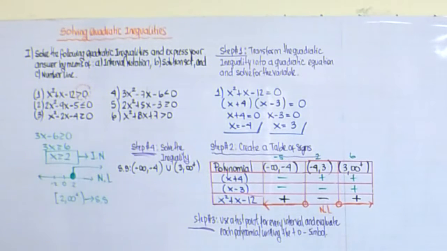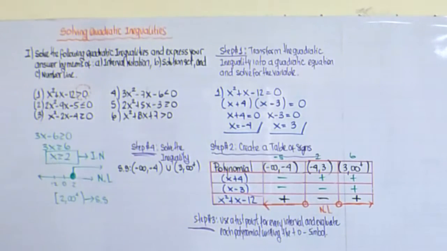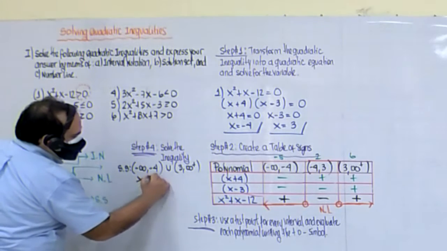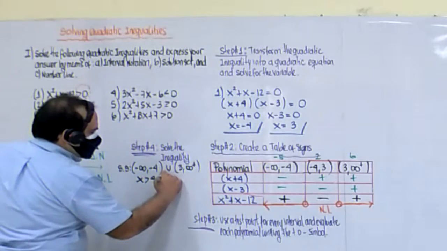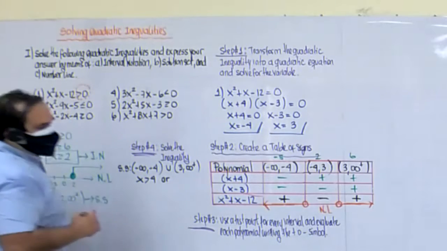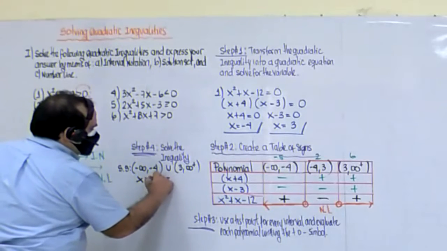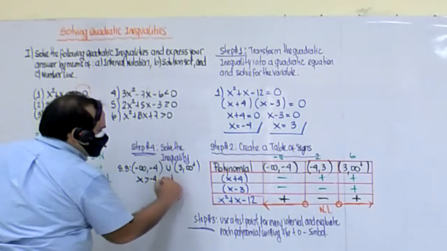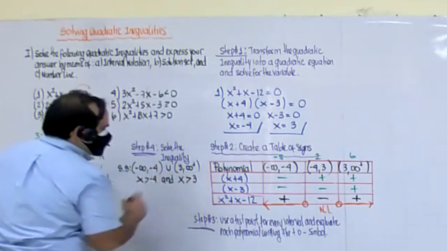All right. And finally, the interval notation. Remember, every time that we have two separate lines, remember what the problem says. That means the values we're supposed to have over here will be given by x greater than -4 and x greater than 3.